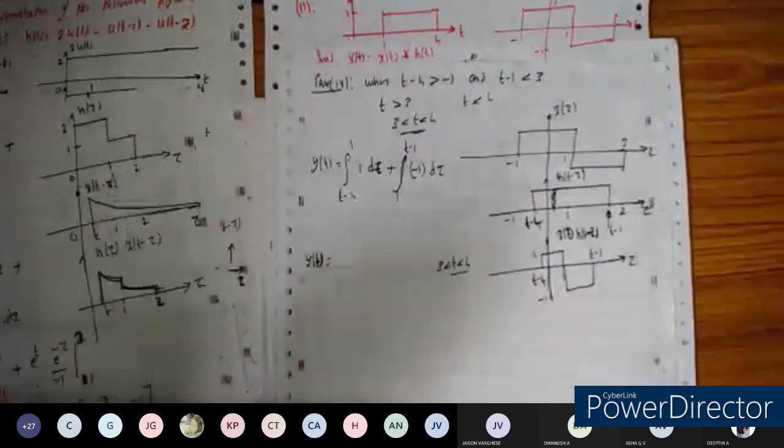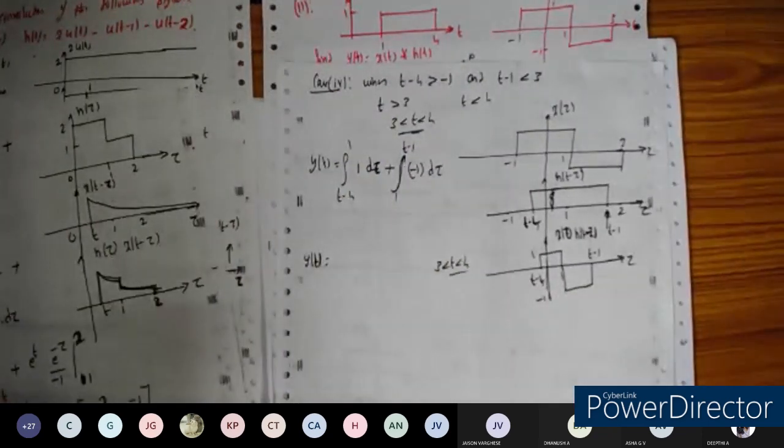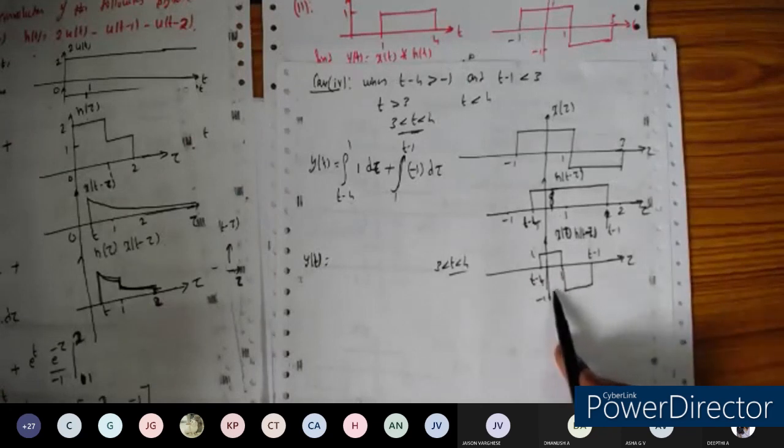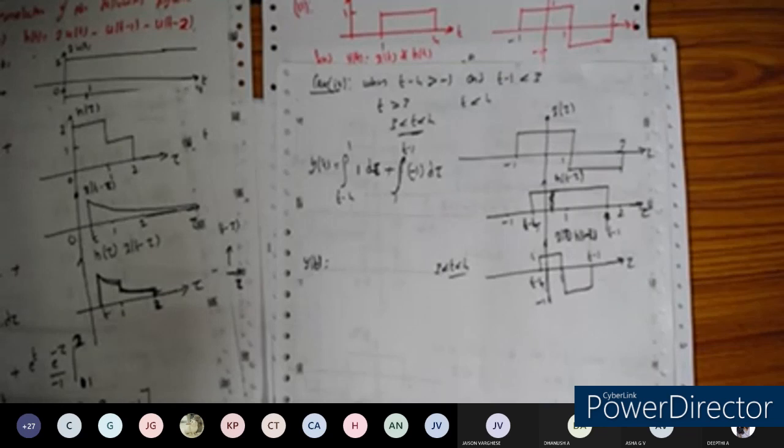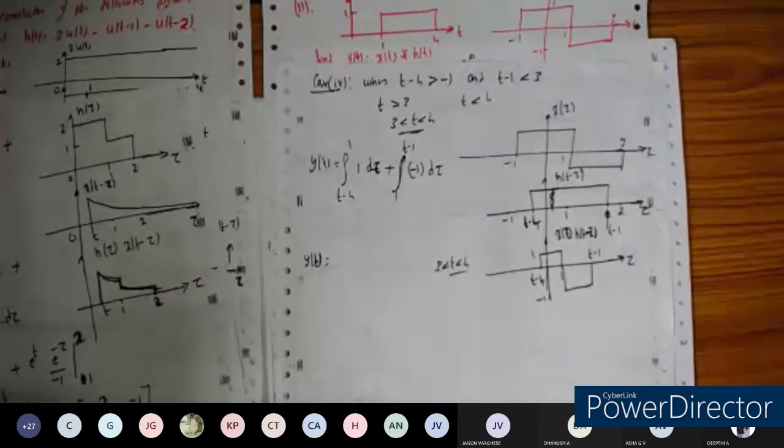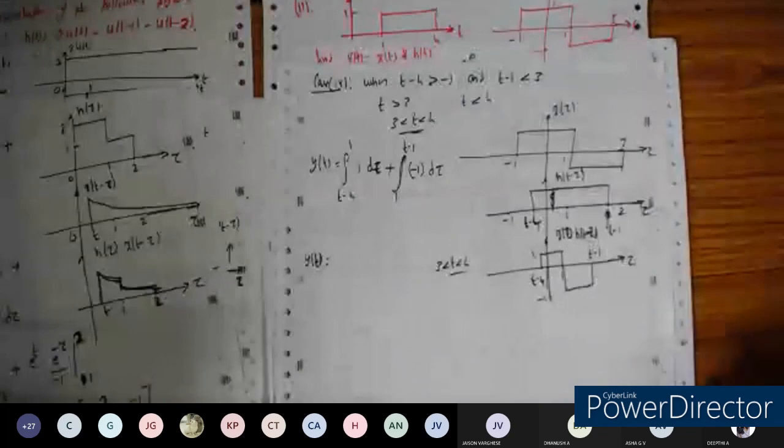Any doubts in this integral part? Take the waveform, take the integral, so you can do the integration. Done, right? Okay, fine. Now let me take case 5 here.